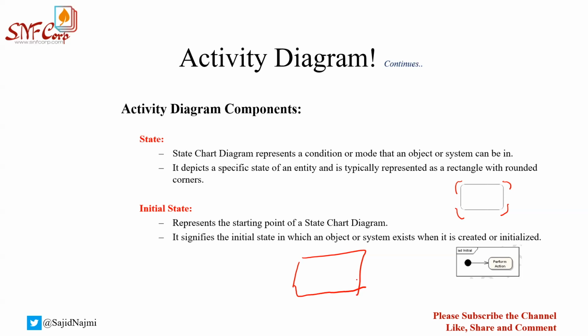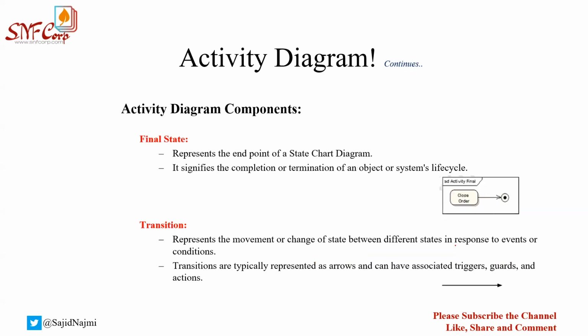Now, the initial state is exactly the same as we studied in the activity diagram, this filled circle. Wherever you start any of these state diagrams, if you would like to represent clearly the start point and the end point, you would use a filled circle for the starting point and a partially filled circle, the semicircle filled, for the end point. This is the final state where you're closing.